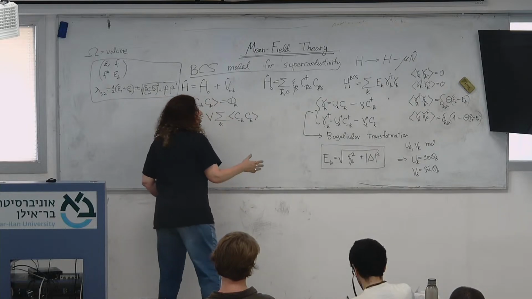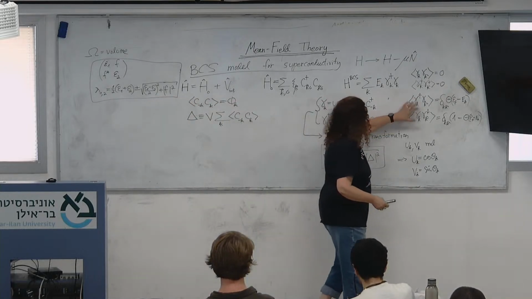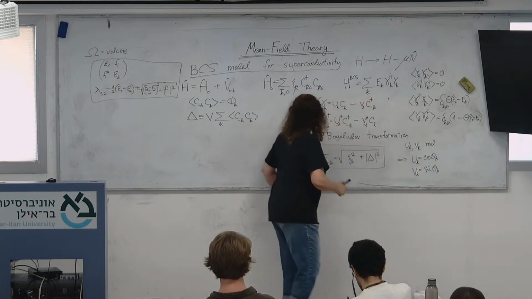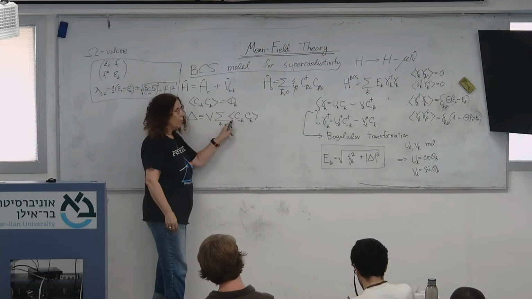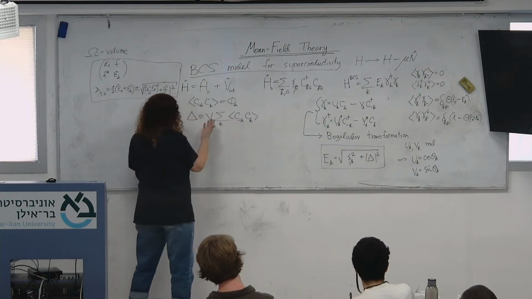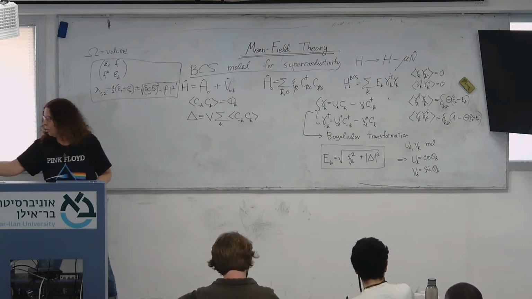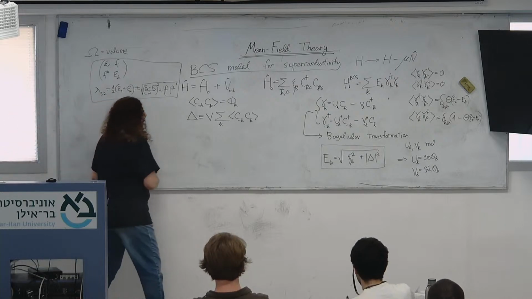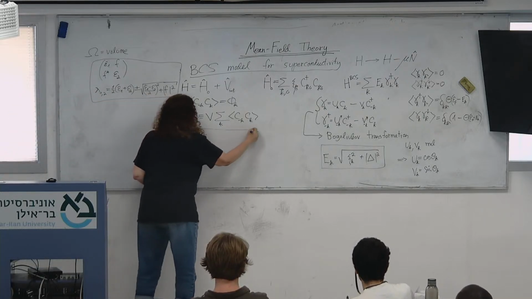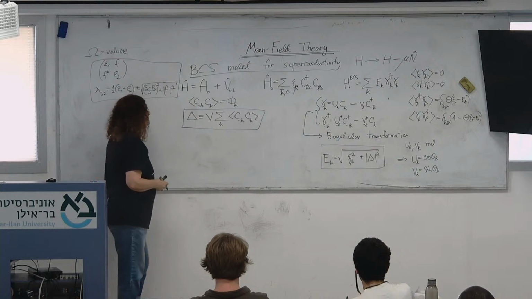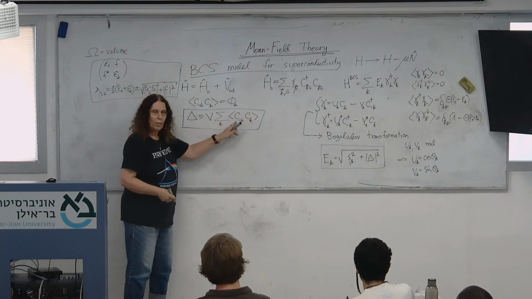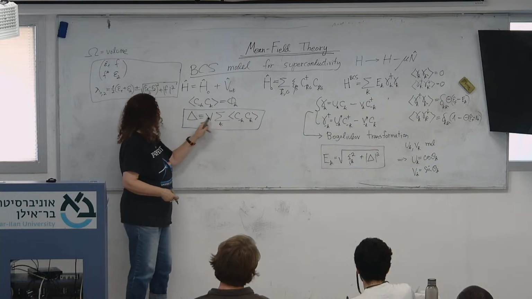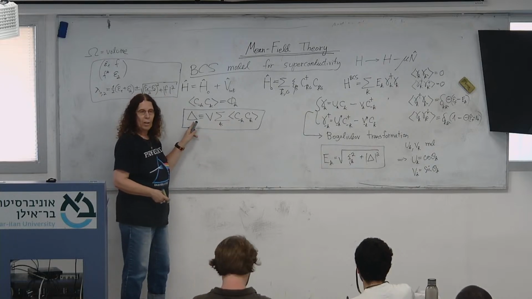But in any case, whatever it is, we can use this to compute the expectation value, right? So here, let me emphasize what I got here. This is a definition of delta, and it assumes that this is non-zero, and therefore delta is not zero. Okay?